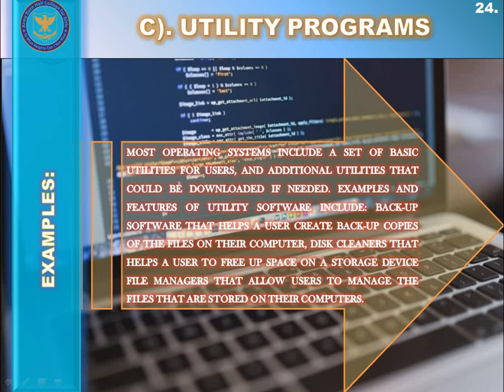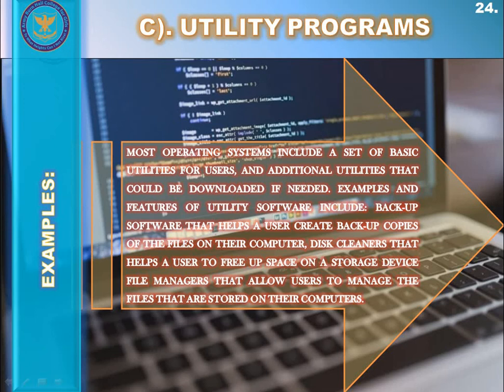A utility program can be an antivirus program, a security software program, in order to remove viruses, malware, Trojan horses, or any suspicious things from your computer. Likewise, a utility program can be file compression software, which can be used to reduce the size of your large files or data. A utility program can be diagnostic software.